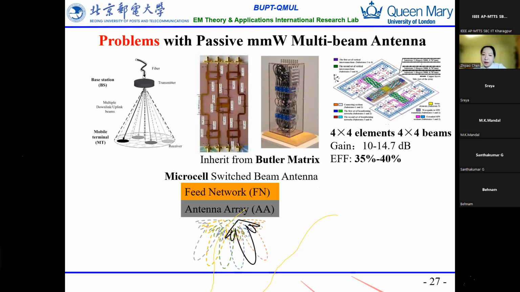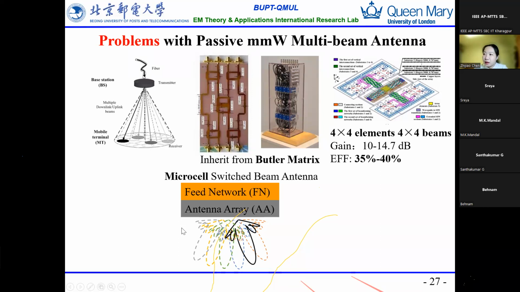So I was thinking about the reason why this kind of antenna cannot achieve high efficiency and has a very huge size. In our micro cell switch beam antenna, for example this one, the feed network has a very similar size to the antenna array.